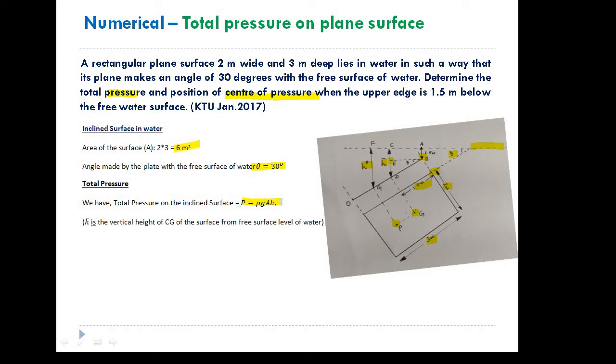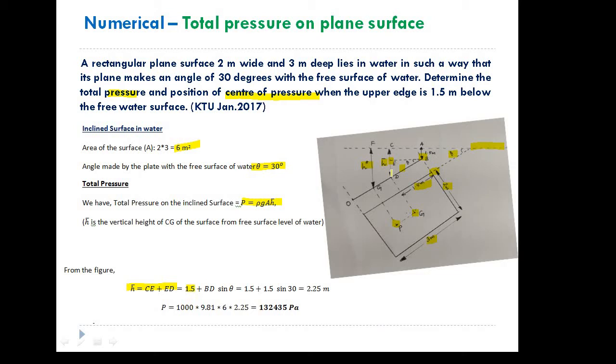And what is h bar? As per this figure, h bar equal to CE plus ED. What is CE? It is 1.5 meters. How to get ED? Here you have a right angled triangle, BED.